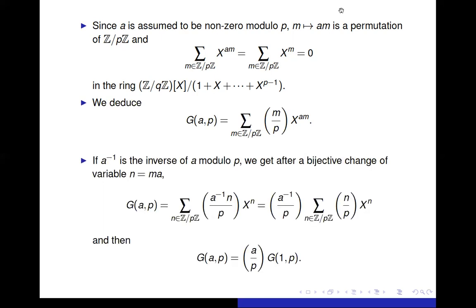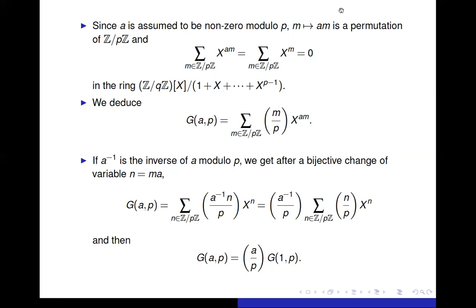So I can also consider the inverse of a modulo p, and then I do a change of variable, which is bijective, n = ma. What do I get in this case? I get the sum of (a^(-1)n/p) x^n.